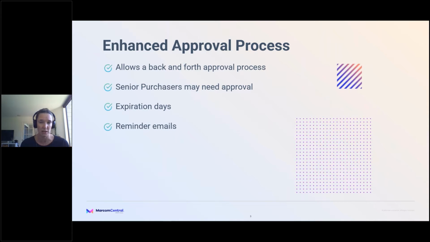Also, reminder emails is something that is set up in the portal information tile, and this can be sent to the approver, and the amount of days that will pass before a reminder is sent will also be customized within the portal information tile. So we'll show that. Okay, so that's just a little bit more information on that.